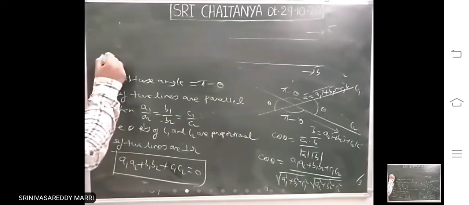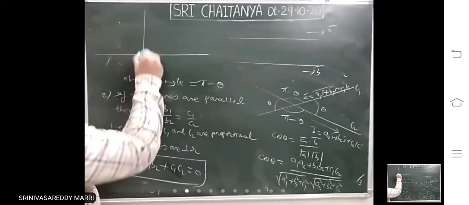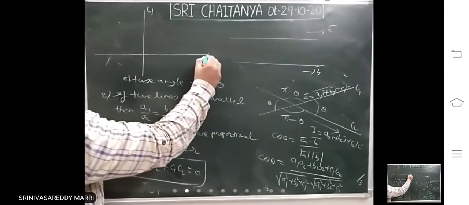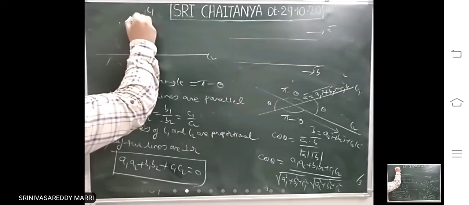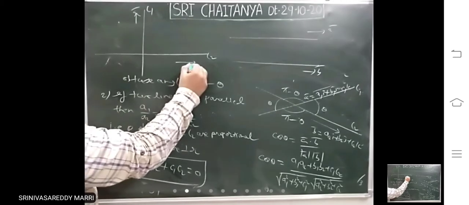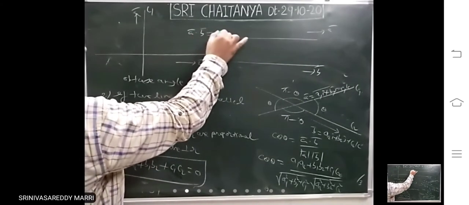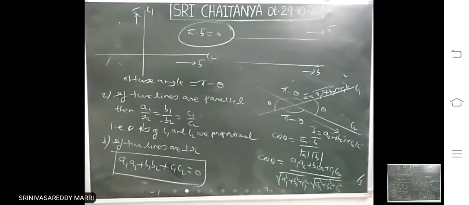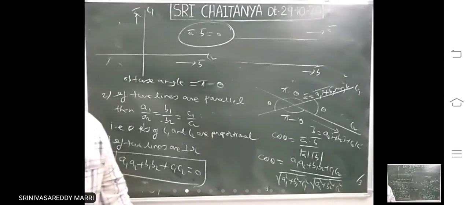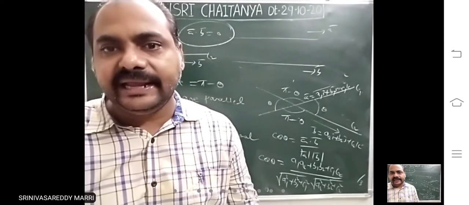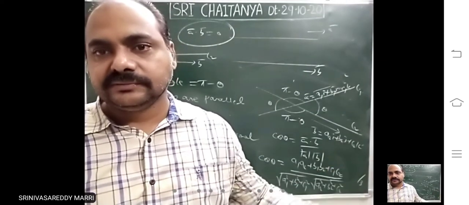If two lines L1 and L2 are perpendicular, then A bar is perpendicular to B bar, and you get the perpendicularity condition directly. So just remember the formula. For the angle between two lines, first calculate the DRs and then apply the formula.